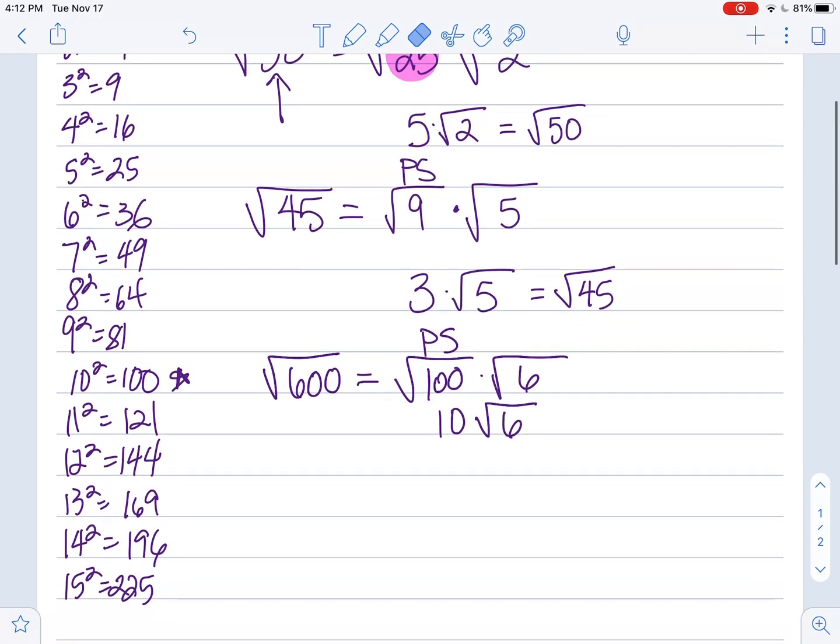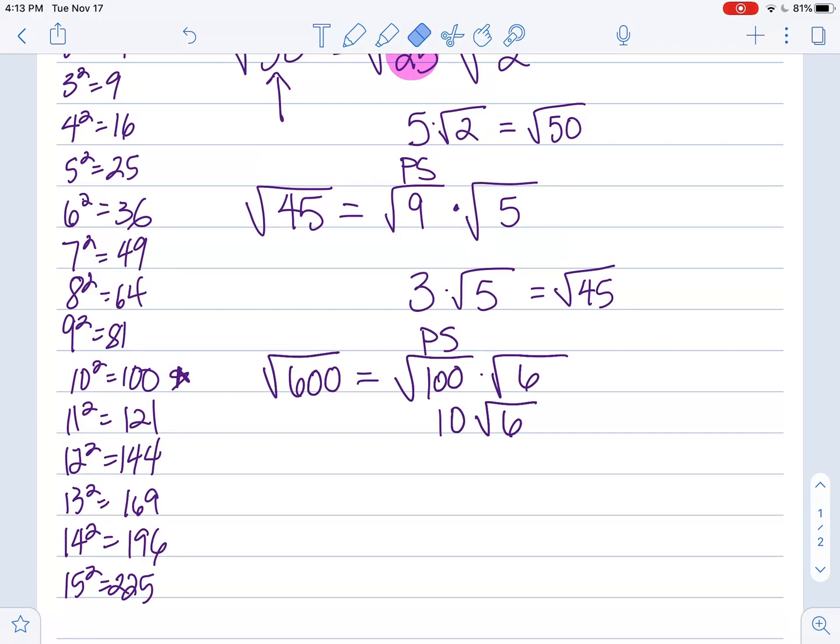Let's take a look at the square root of 48. Look at the ones that you can't use. I can't use 49 because that's too big. 36, not going to work. 25, nope. Let's do 16. If you don't know, you can always take 48 divided by 16.